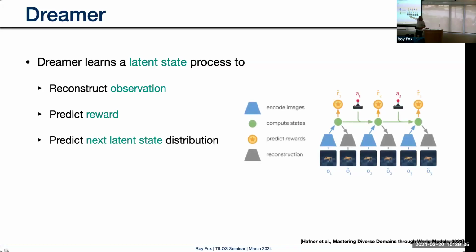So this is what Dreamer looks like. We take the observations, we encode them into a latent state where we can predict rewards. We can also predict the next state if we have an action, right? So we know the dynamics of the world in this latent state. And we can also go from this latent state back to the observation by reconstructing the observation.